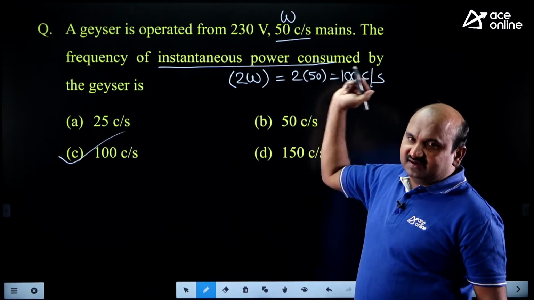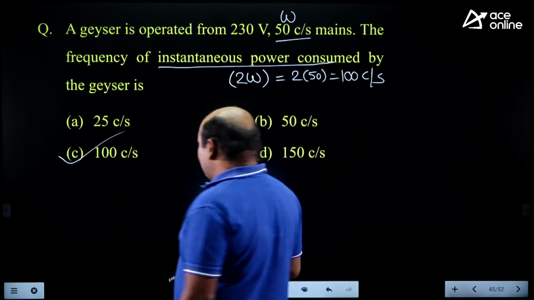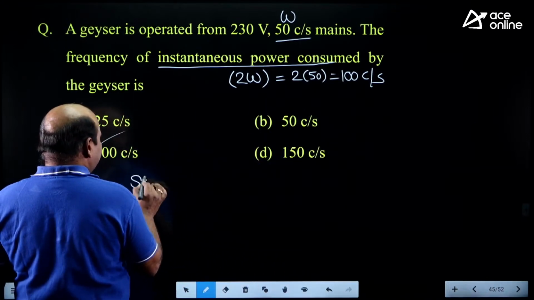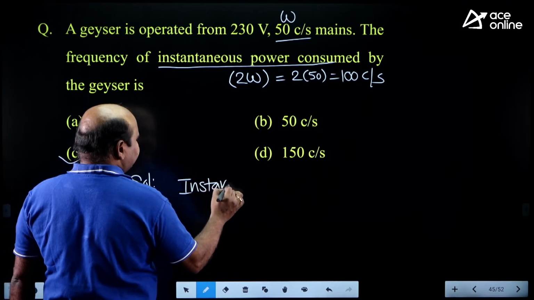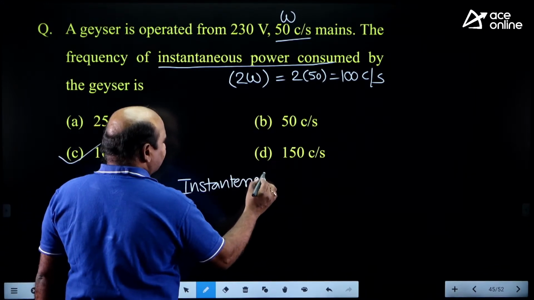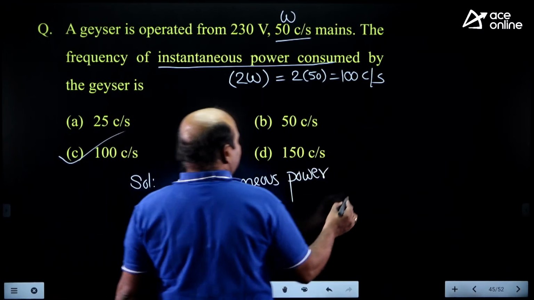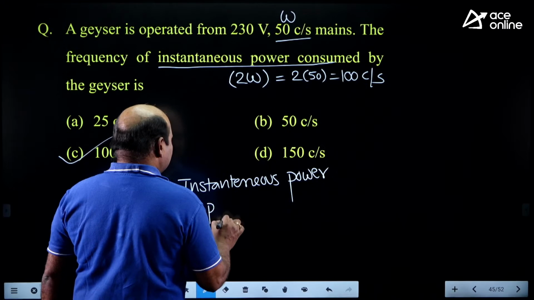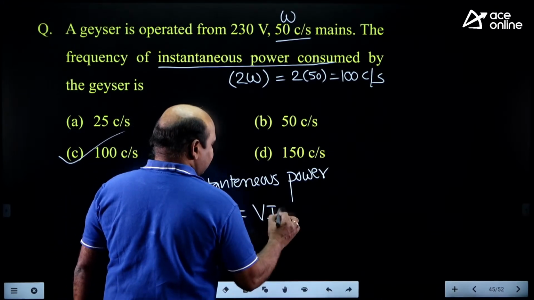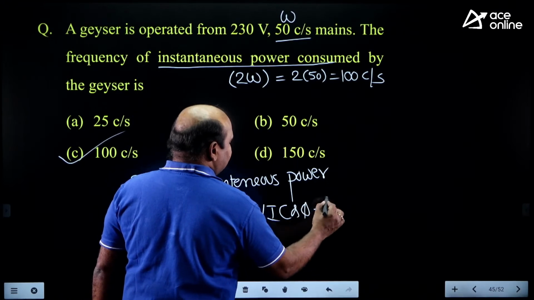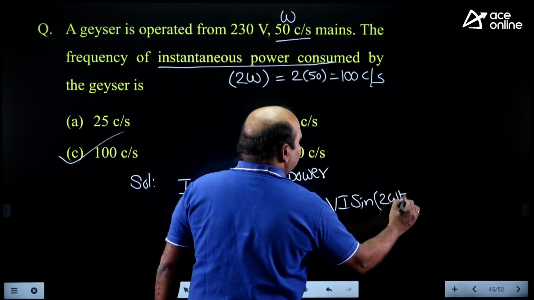Why are you getting confused? A geyser means it is a coil, and a coil means it is an inductive load. For an inductive load, if you see the instantaneous power equation, p of t, you will get the final expression like this: VI cos phi, which is independent of frequency, minus VI sin(2 omega t minus phi).